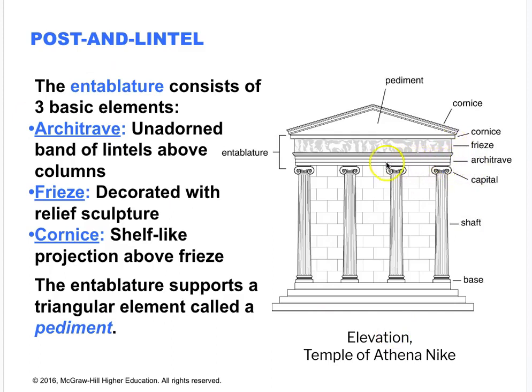It doesn't have sculptures, it just has rows of these kind of bands, like this says here: architrave, sorry, unadorned band of lintels above columns. But the frieze is where you would typically have the imagery and relief sculpture.